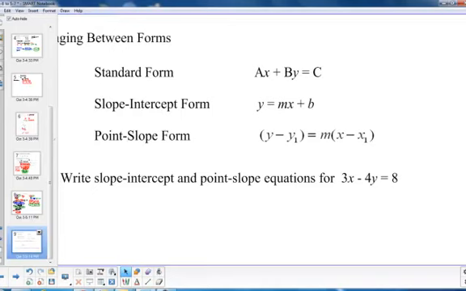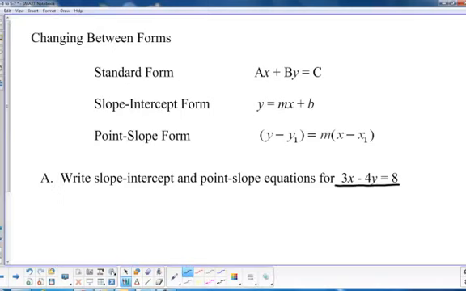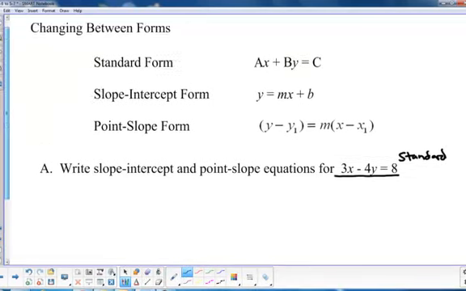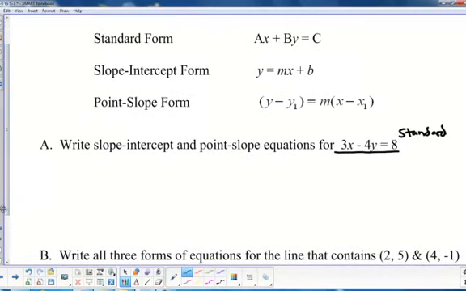So here's the three forms. We're going to take this last equation. This is in standard form. And we're going to convert that to slope-intercept form and then point-slope form. So slope-intercept form is solving for y.